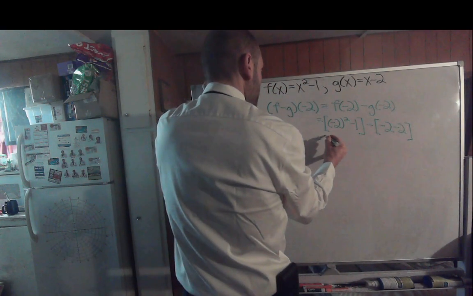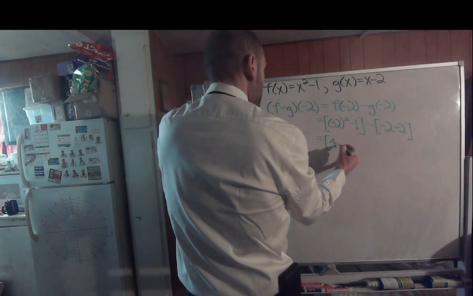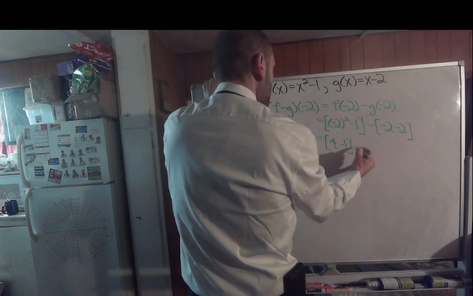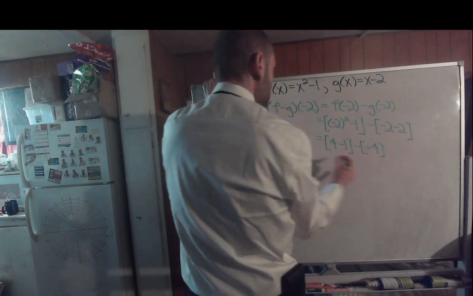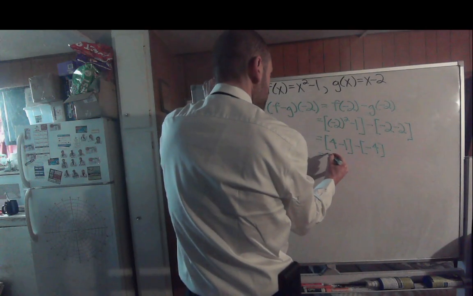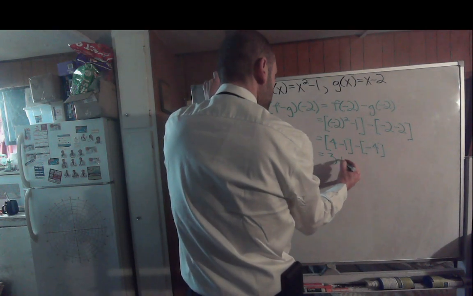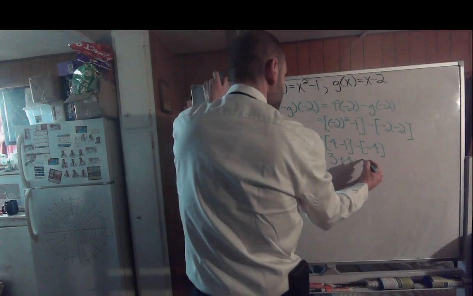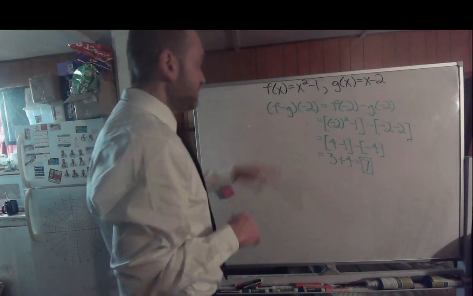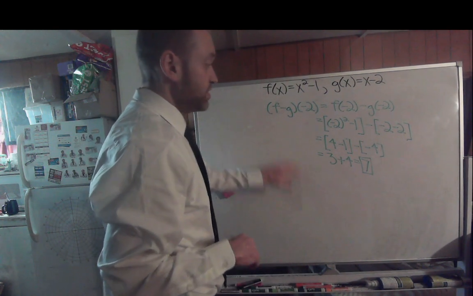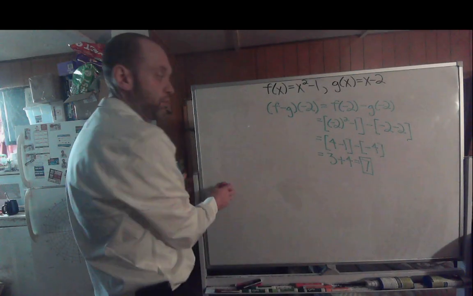So this would turn into 4 minus 1 minus negative 4, which would be the same as 3 plus 4, which would be 7. So f minus g of negative 2 ends up being 7 when I work that out.